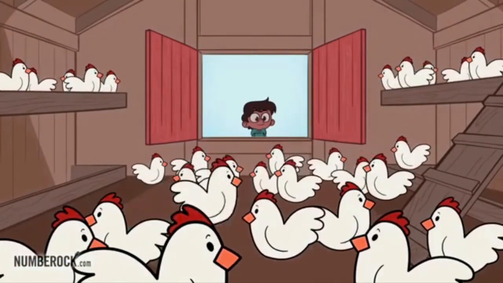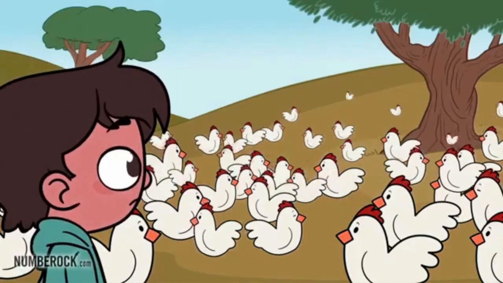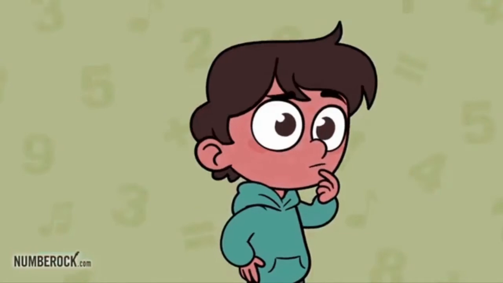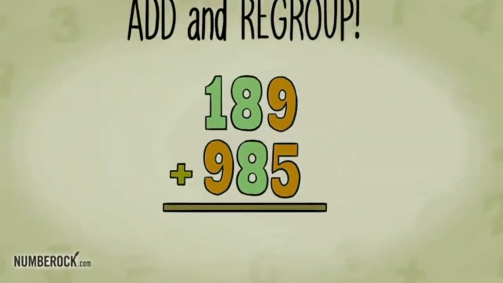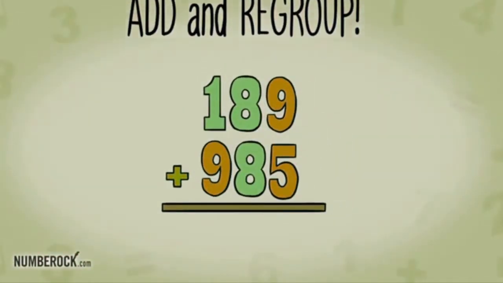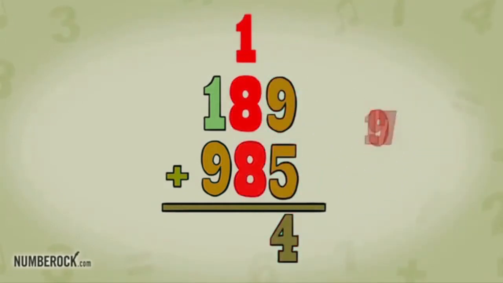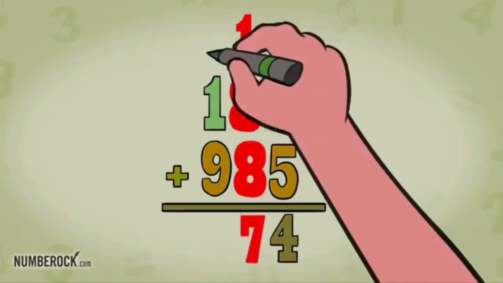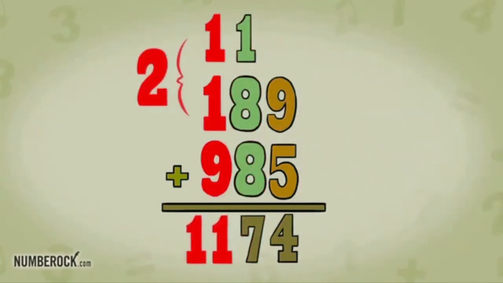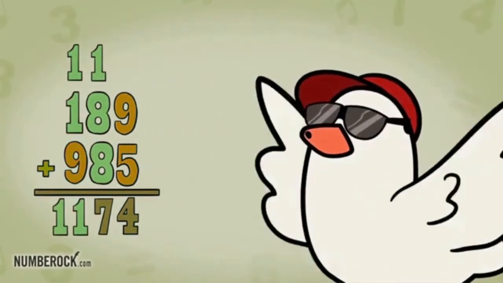189 hens are inside and 985 hens are outside. To find out how many hens are in the coop, we gotta know how to add and regroup. 9 and 5's 14, right for the 10 carries. 1 plus 8 is 9, plus 8 is 17. Keep the 7, the 100 regroup. 2 plus 9 is 11, cock-a-doodle-doo.